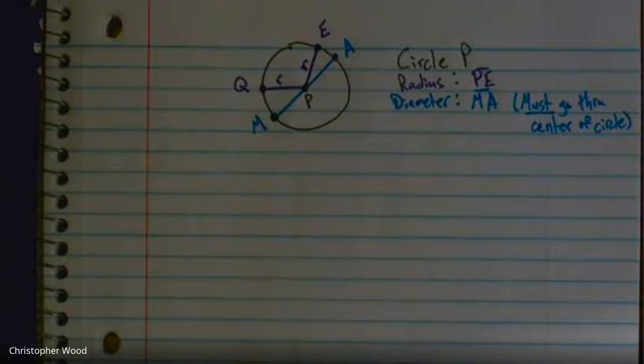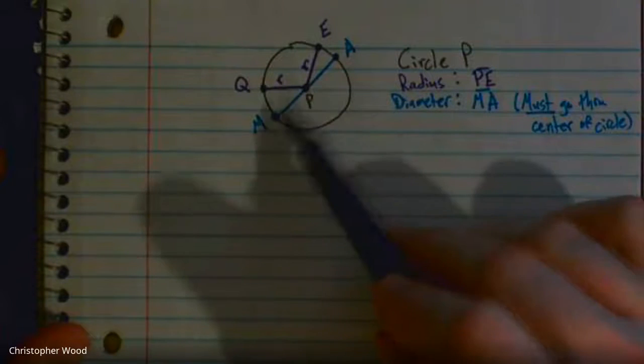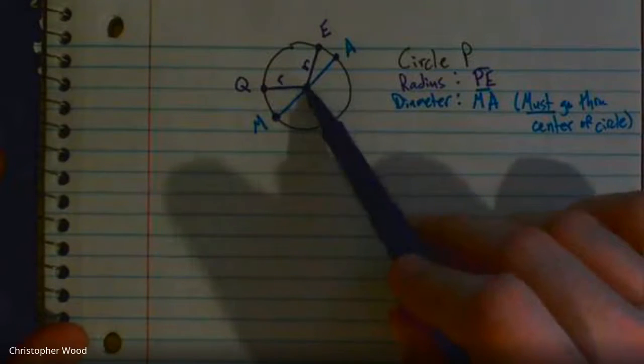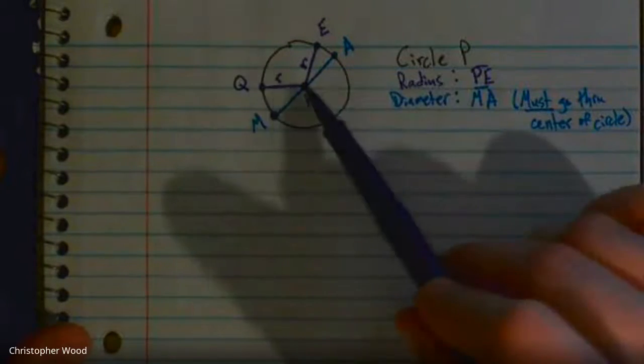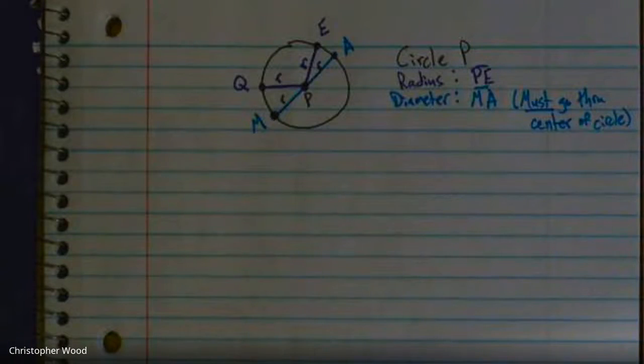So really what you have here is, if I split this in half, if P is the center, from P to M is technically called a radius, from the center to the edge, and P to A is also called a radius. So really it takes 2 radii from one to the other to create one whole entire diameter.